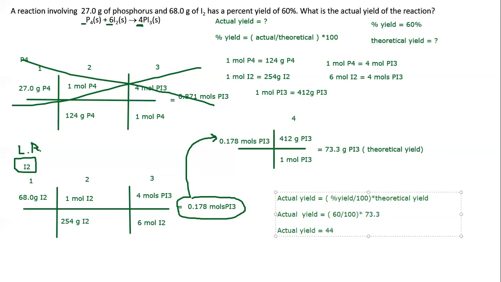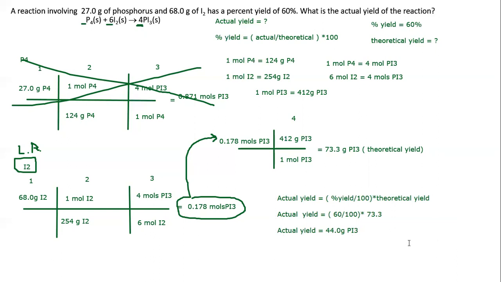And we get approximately 44 grams of PI3. So if we were to do this reaction, the best we can get is 60% yield, so we use 27 grams of phosphorus, 68 grams of I2. The best we can get as far as actual yield would be 44 grams.